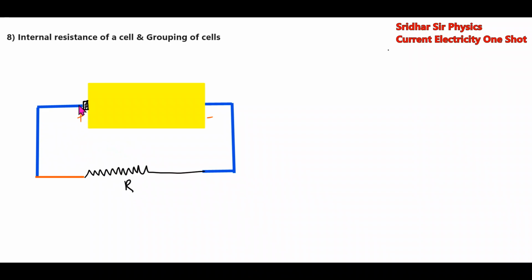There's a resistor R here. There's a cell, it will send out the charge. A cell, Duracell, everyone knows.